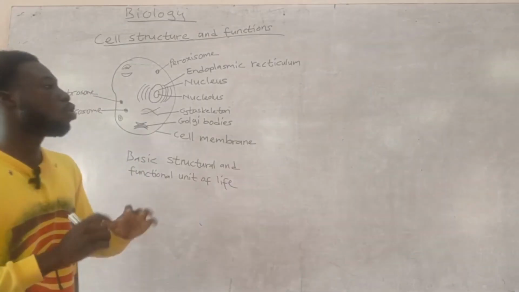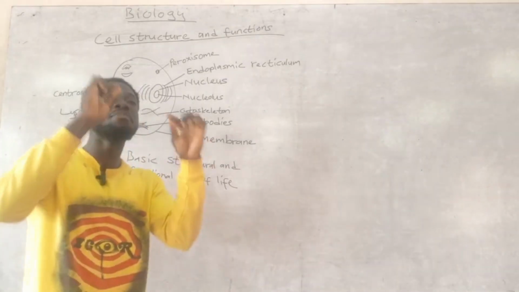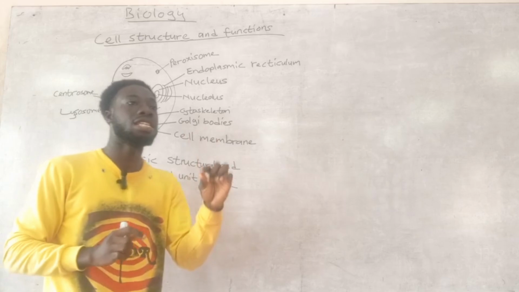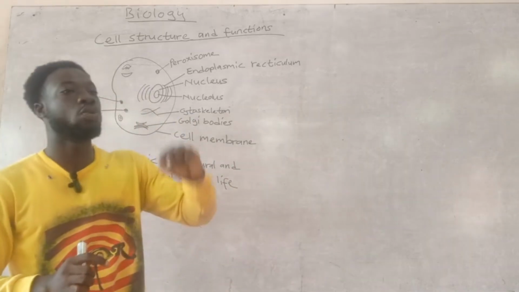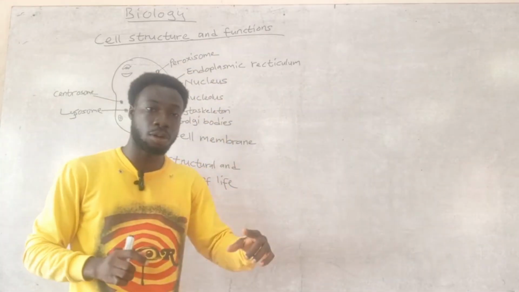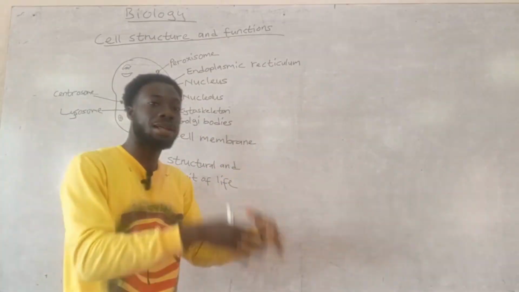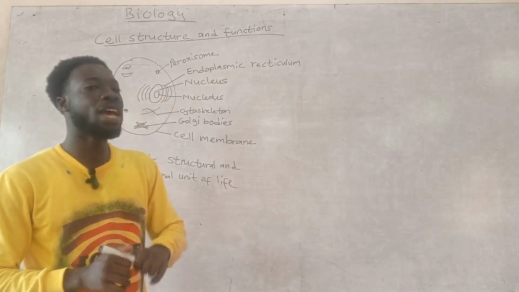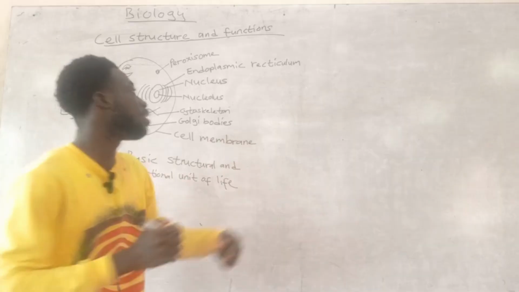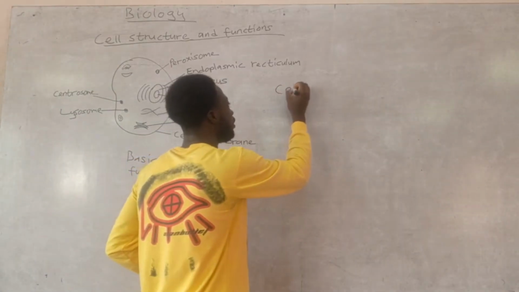All right, so when we take the cell, we have three main parts of the cell. I'm not saying that we have only three parts of the cell, but we have three main parts, in which the other parts fall within these three main parts that I'm going to mention. Now, the first part is the cell membrane.